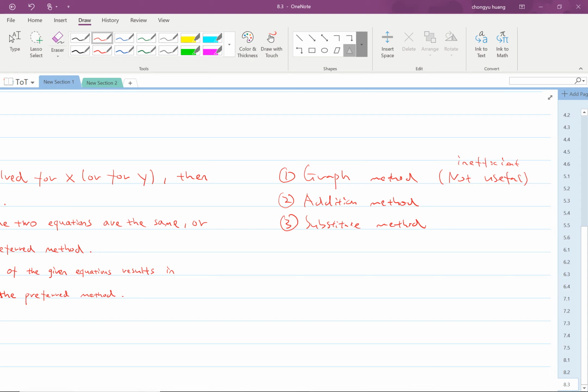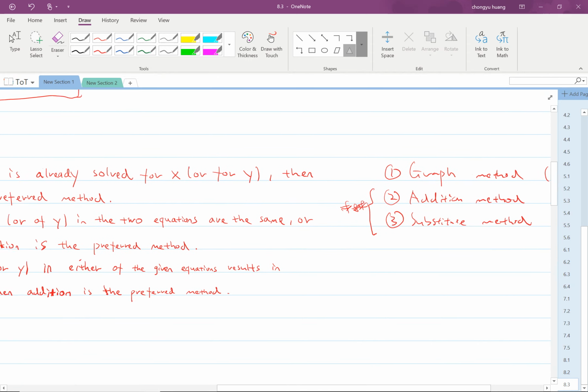You are more focused on those two methods, because those two methods are really important. For now we are going to focus only on the addition method and the substitution method, because those are the two methods you will mainly use to solve a linear system.